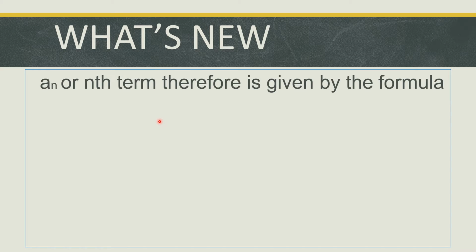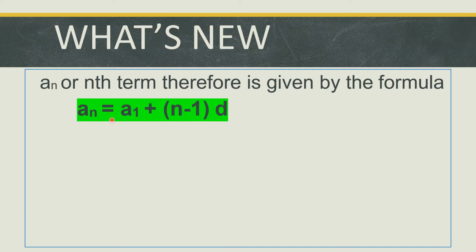Sa madaling sabi, pwede na tayo ngayon mag-create ng formula or nth term formula based sa observation natin kanina. Ito ang magiging formula natin. a sub n, or the nth term, is equal to a sub 1, yung consistent na nakikita natin kanina, plus n minus 1 times d.